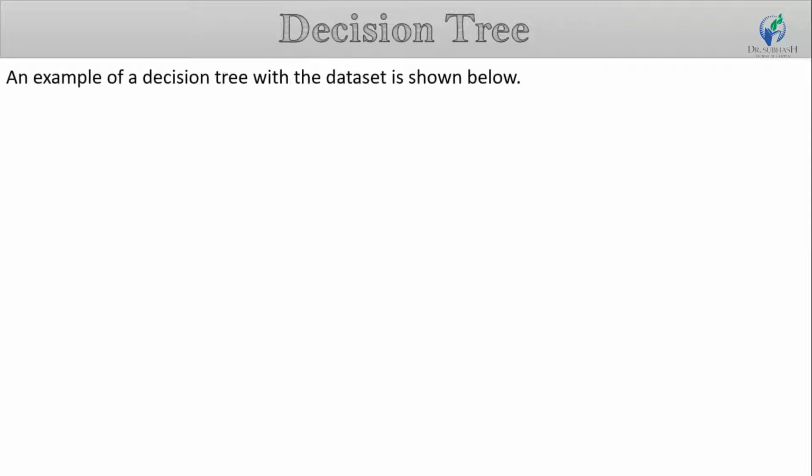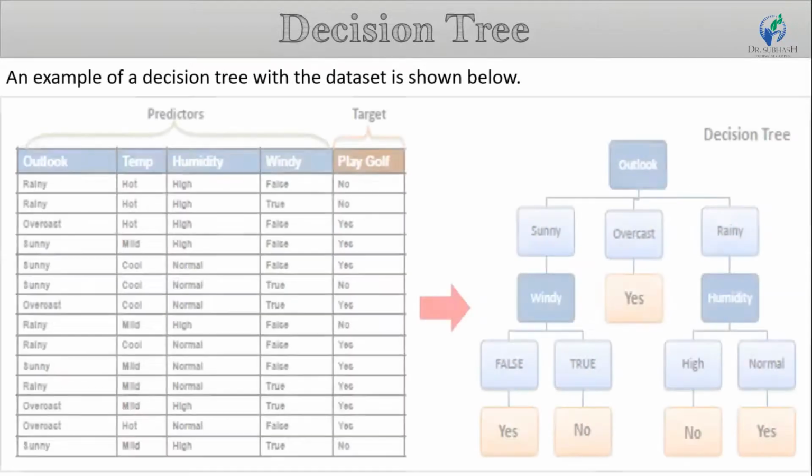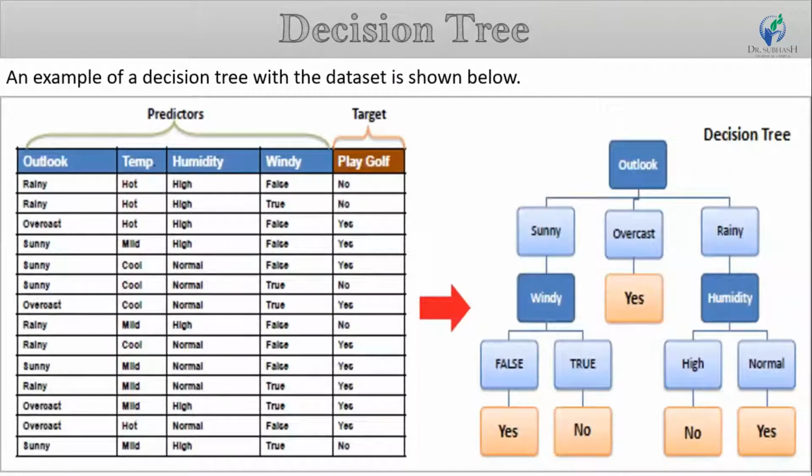Now I explain an example of a decision tree with the data set shown below. In this example, we have a table with five labels: outlook, temperature, humidity, windy, and play golf. These labels are divided into two categories: predictors and target.